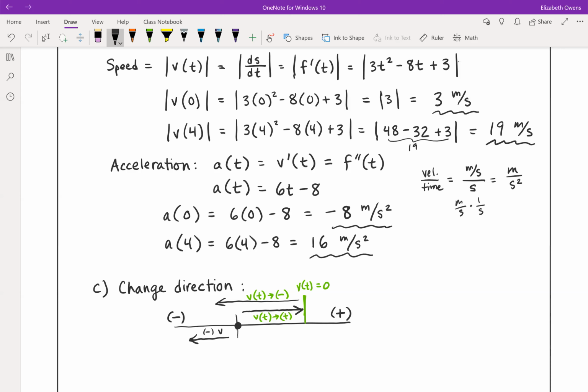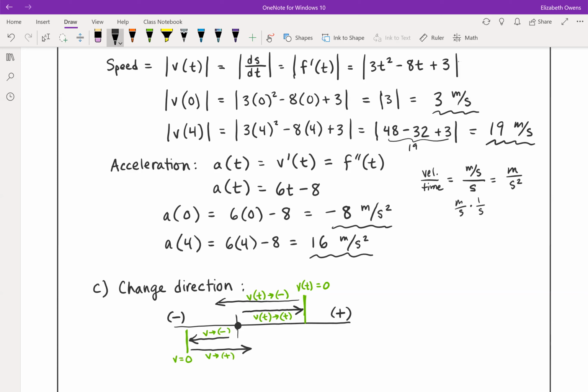And then again, at some point there, if it's going to turn around, it has to stop for a split second to make that transition. So here V is negative. It's going to stop for just a split second, and then it would turn around and go in the positive direction where velocity is positive. So here velocity would be 0 at that turnaround point.